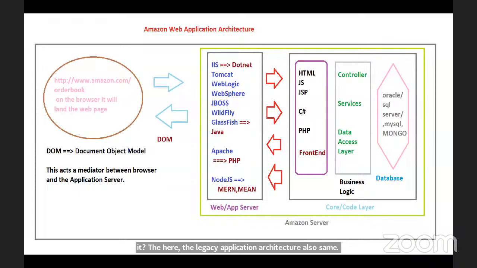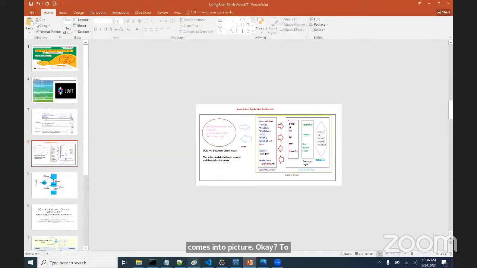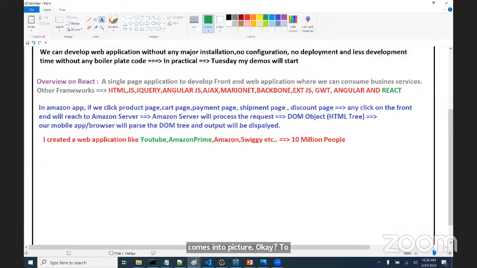My server can take only 9 million requests, but 10 million people are coming, where my legacy applications are not solving the problem. Okay, that is where our single page application comes into the picture, to solve this particular purpose, guys.